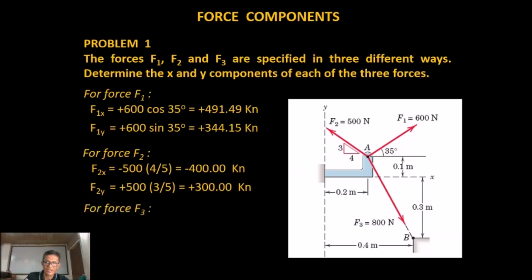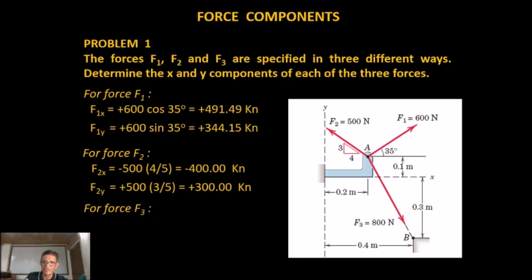For force F3, ang gagawin natin dyan, hindi na natin gagamitin yung coordinates niya. Although from here, we can see the coordinates of point A from the origin as shown here: we have point 2 and point 1. And point B has an x coordinate of point 4 and a y coordinate, actually from point A, of point 4, but from the origin, it is point 3.